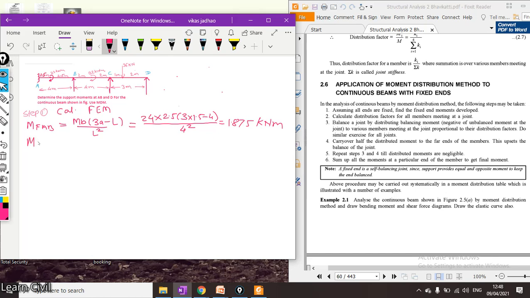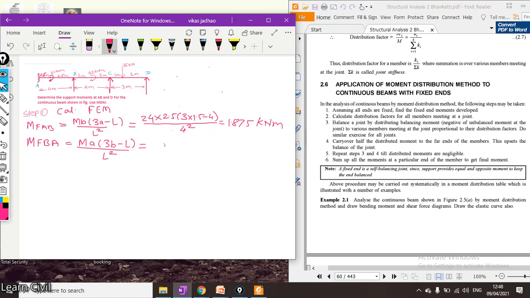MFBA, that is fixed end moment BA, is given by the formula. Again it will be plus M A into thrice B minus L divided by L square, because a moment is acting on the span.